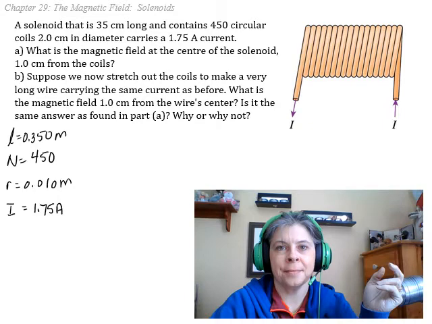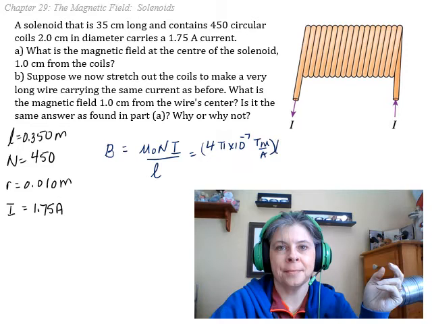We're asked to find the magnetic field, so let's use our equation for finding the magnetic field at the center of a solenoid. B is equal to mu naught times N times I divided by the length of the solenoid. Mu naught is 4 pi times 10 to the minus 7 Teslas meters over amps.